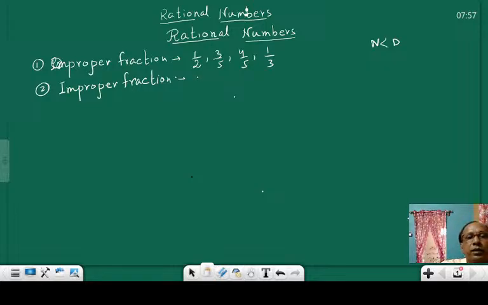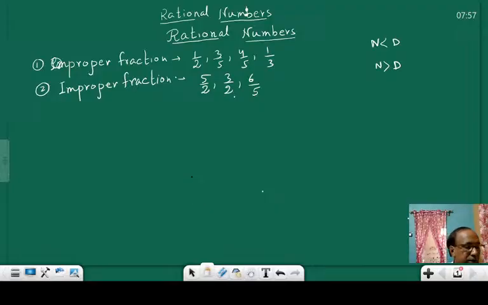Improper fractions are when the numerator is greater than denominator, that is 5 by 2, 3 by 2, 6 by 4, 6 by 5. These are the improper fractions.